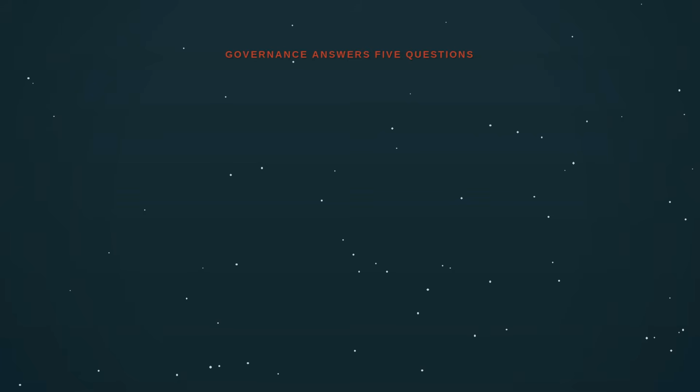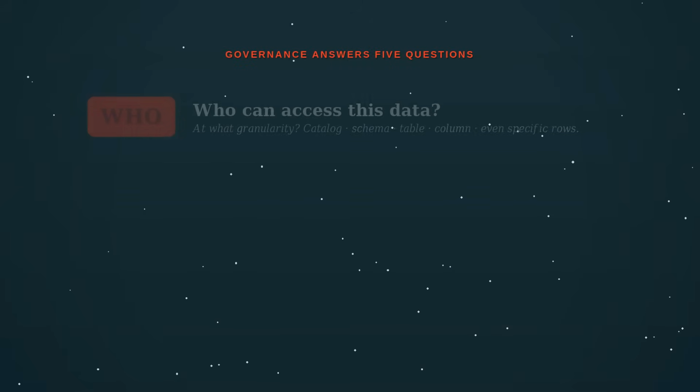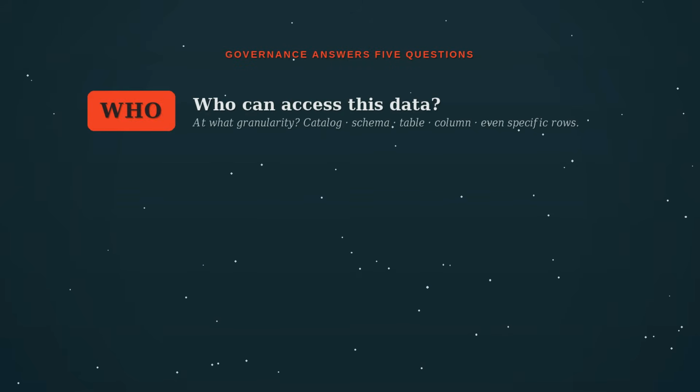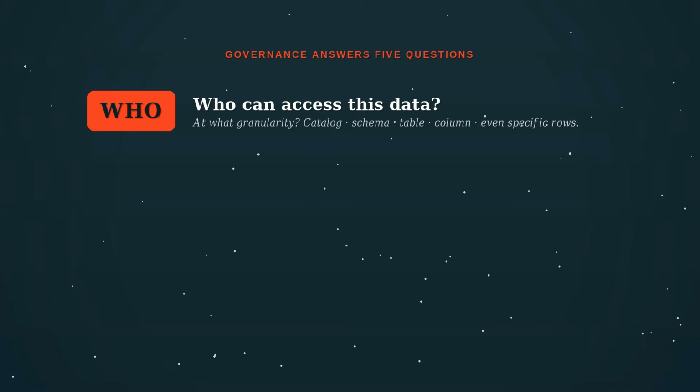Question 1: who can access this data, and not just yes or no, but at what granularity? Can they see the whole catalog, just one schema, one table, one column, and even specific rows? Governance controls access at every one of these levels.